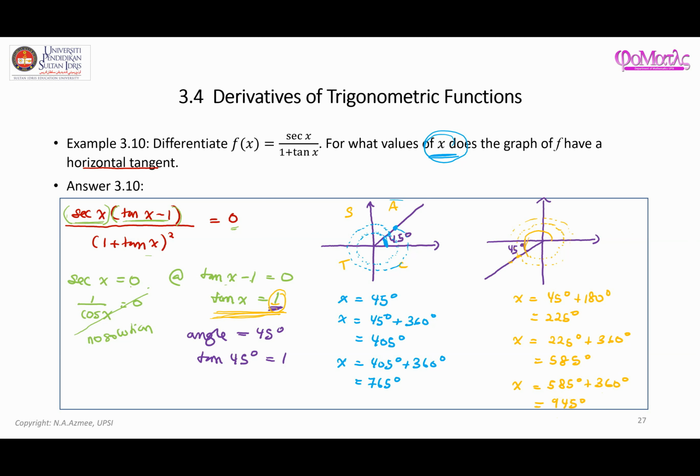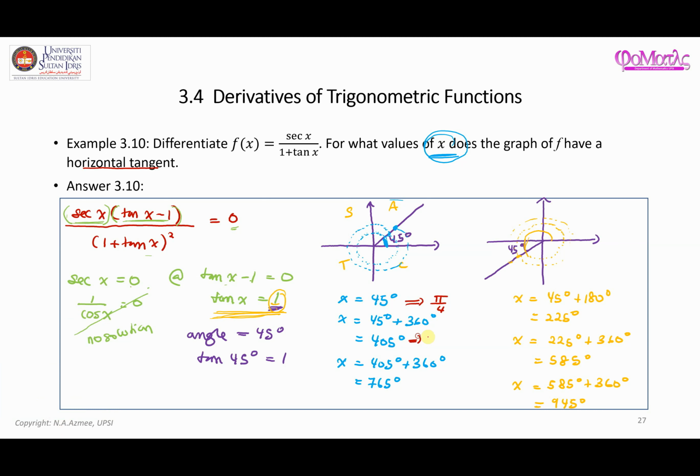Alright, so what we can do is write down the final answer. If you want, you can write down the final answer in terms of pi instead of degrees. In terms of pi, 45 degrees is pi over 4.